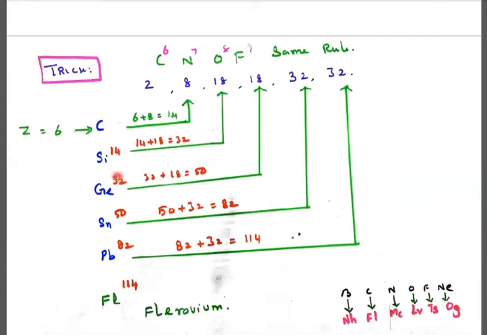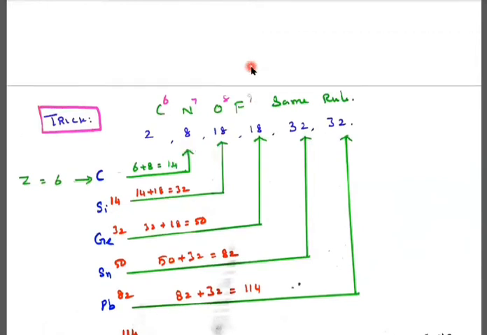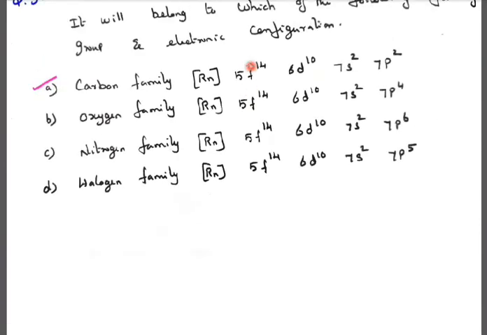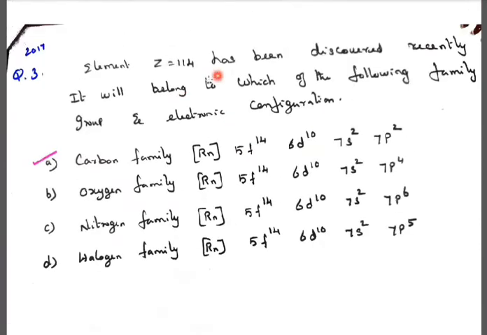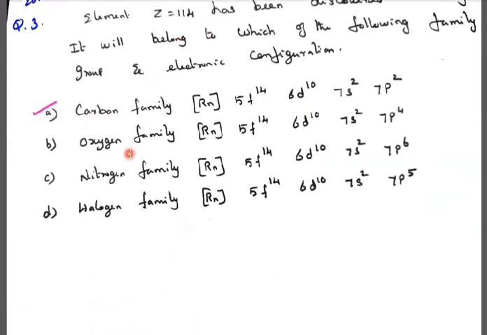If you add 18, you get germanium. Adding 18 to germanium gives tin. Adding 32 to tin gives lead. Adding 32 to lead gives 114. This is the best method, adding the standard electrons of 8, 18, 18, 32 and 32. So our option is carbon family. The newly discovered element 114 is called flerovium, placed under the carbon family.